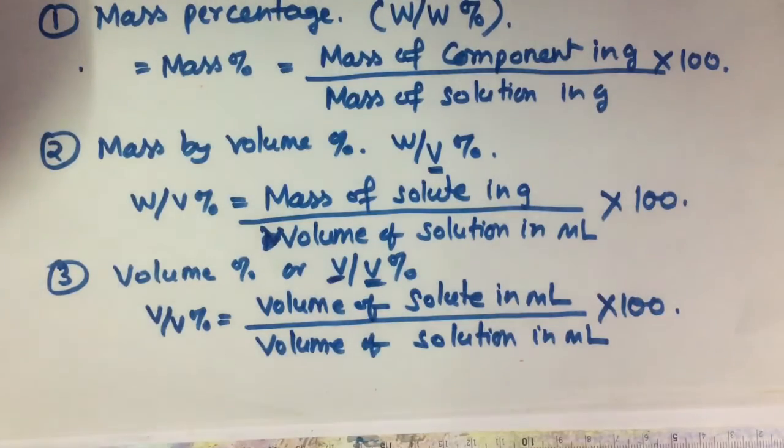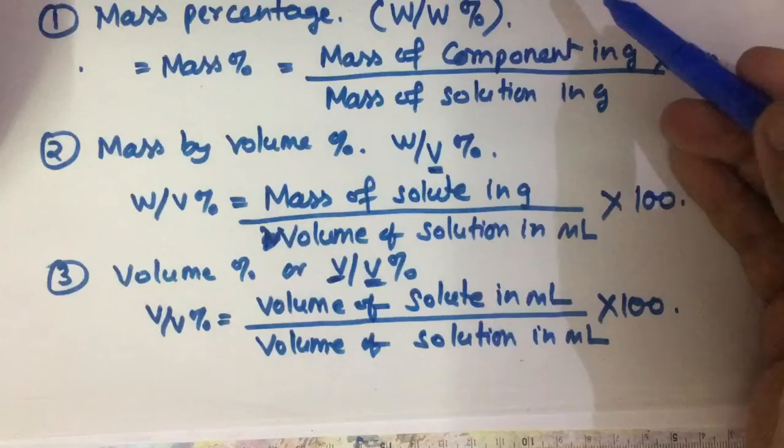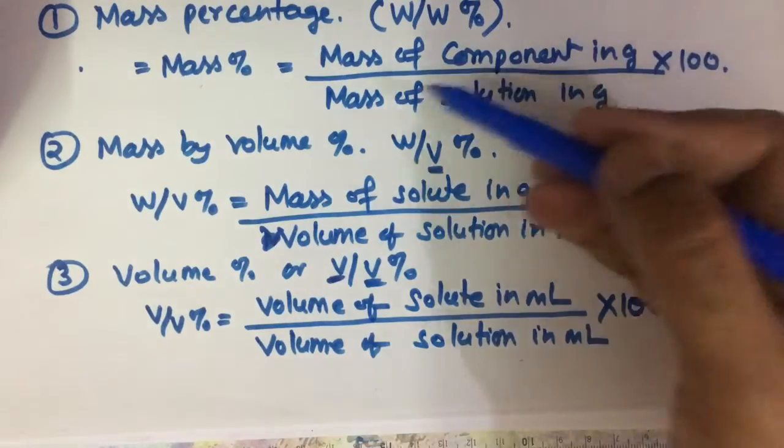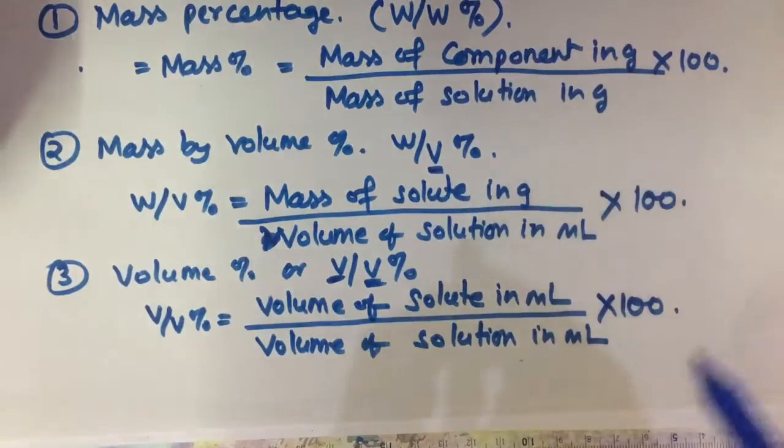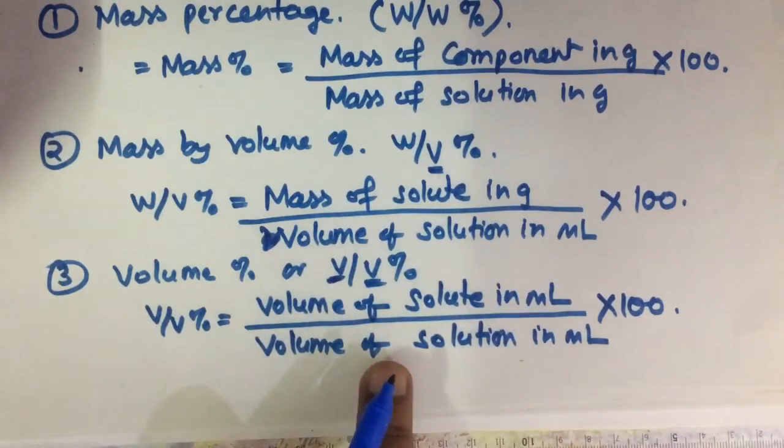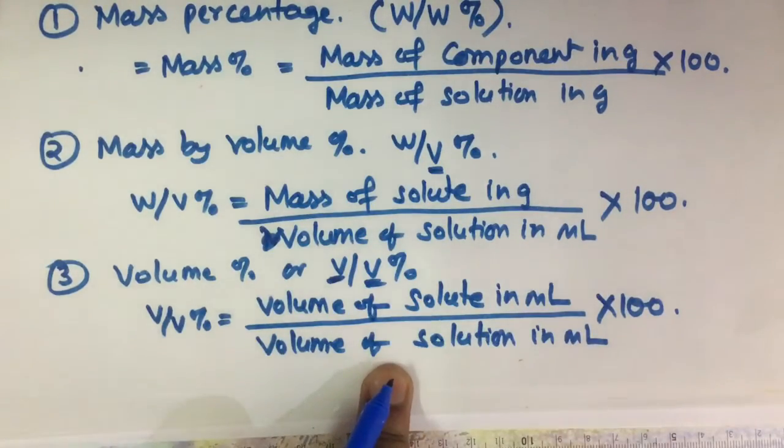So three types of concentration we have studied: mass percentage, W by W percent, W by V percent, and volume by volume percent. This volume by volume percent is a temperature dependent quantity.